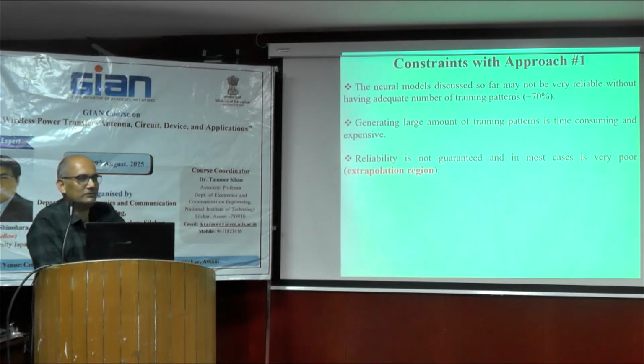And sometimes if the geometry is very complicated, each structure may take more than an hour, and you need to generate thousands of such structures to create a sufficient number of data patterns. In that way, generating a large amount of training patterns is time consuming and expensive.